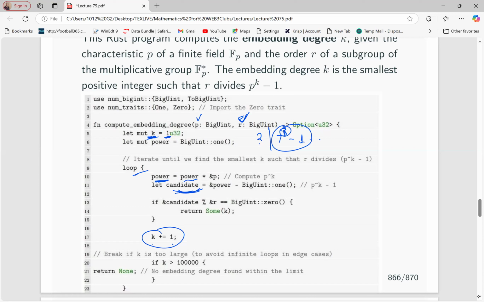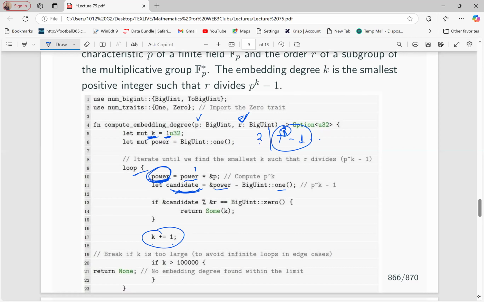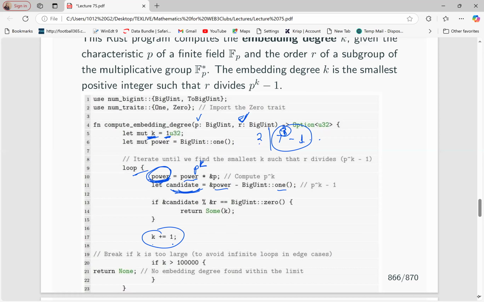The candidate is our power minus 1. So you see, what I call the power is this: the power is p raised to k. So when I talk of power, I mean p raised to k. So the candidate will be the power, which is p raised to k, minus big integer 1.